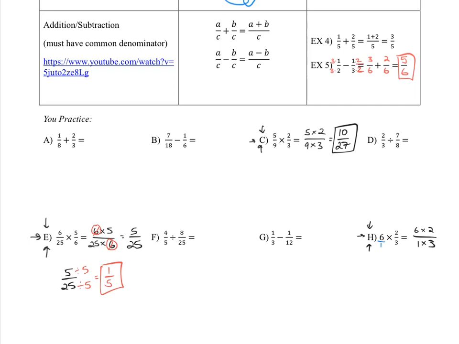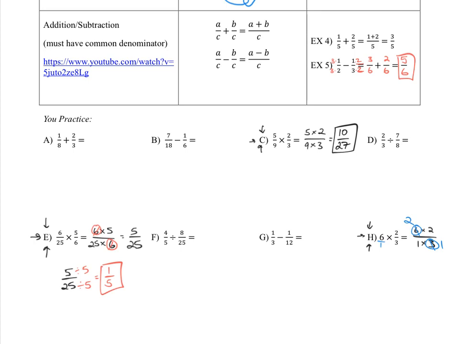We have a cancellation or a simplification we can make right now. Even though 6 is not the same number as 3, we can still reduce those. 6 divided by 3, 1 in the top, 1 in the bottom, leaves me with a 2 in the top and a 1 in the bottom if you divide them both by 3.